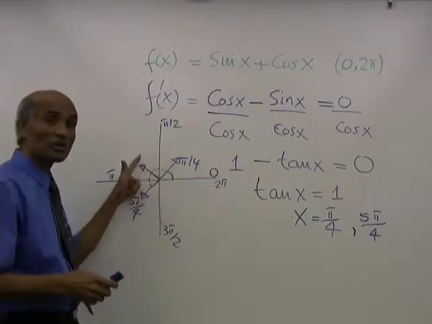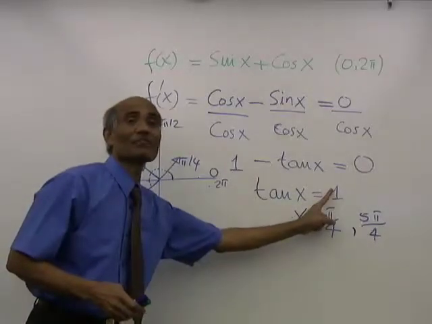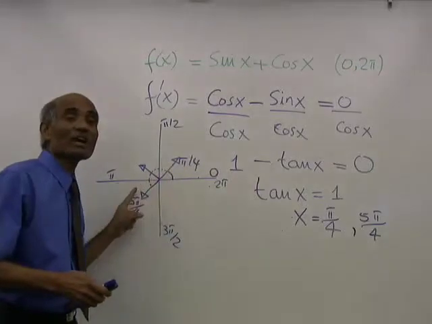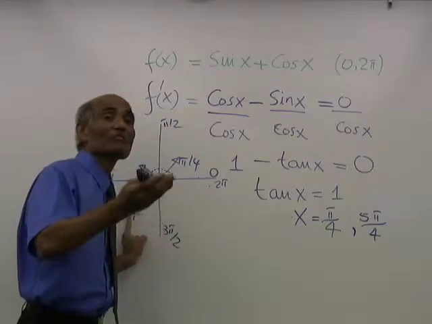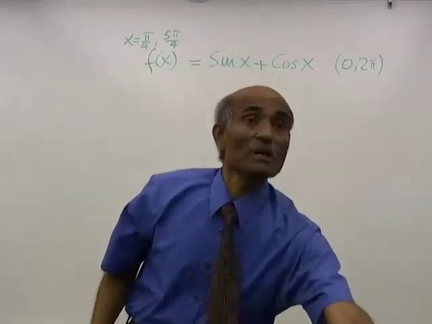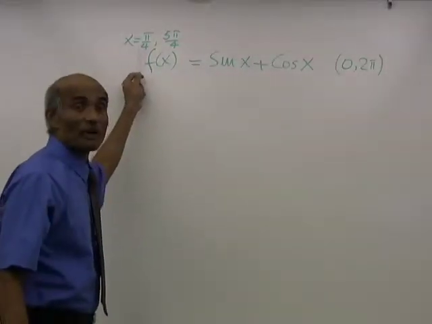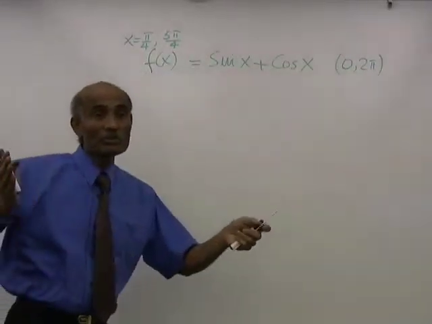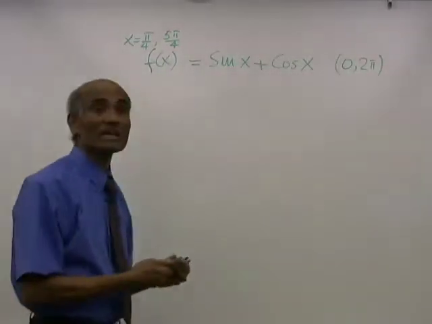I hope you understood the way I explained this, why we have two values for x, for tan x equal to 1. Tan x equal to 1 can happen in the first quadrant and also in the third quadrant, because tangent is positive in the first and third quadrant. So the critical numbers of this function are x equal to pi by 4 and x equal to 5 pi by 4, and this will divide the given domain 0 to 2 pi into three intervals.